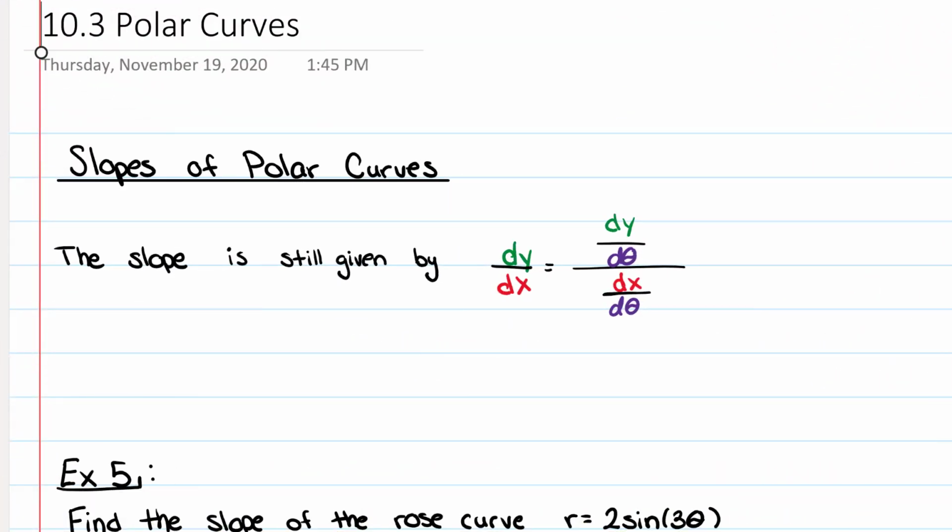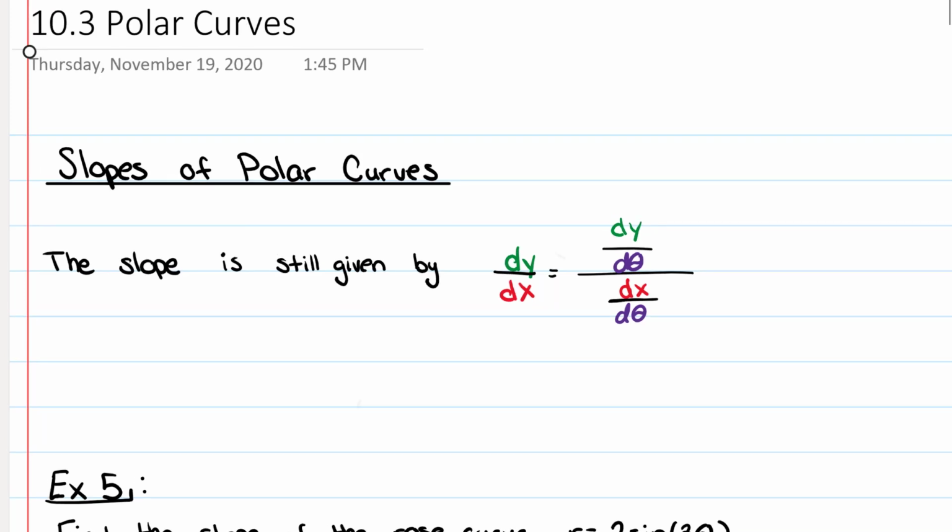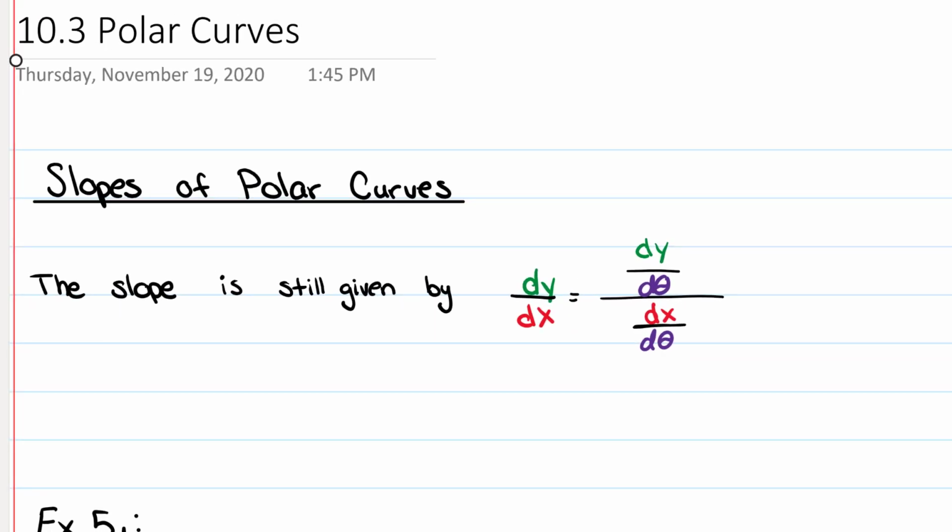10.3, Example 5. In this example, we're going to look at slopes of polar curves and how to determine the slope and the tangent line of a graph. So the first thing I need to talk about is the actual slope. If we're given slope in terms of dy/dx, that is going to be equal to dy/d theta divided by dx/d theta.